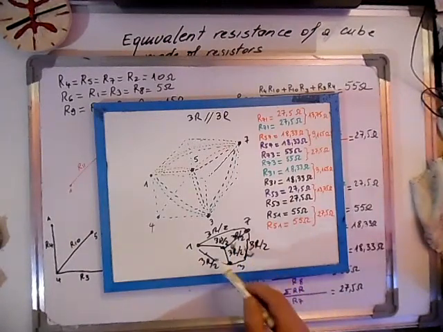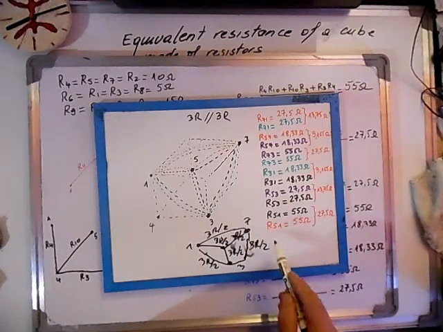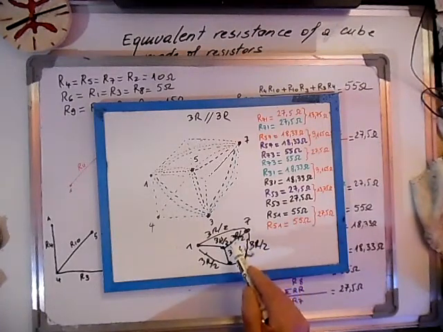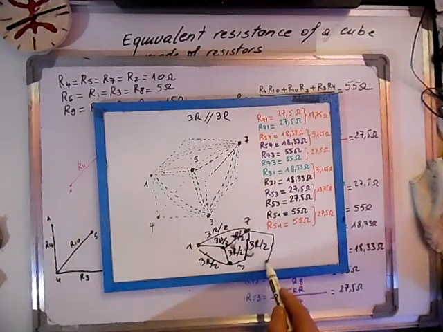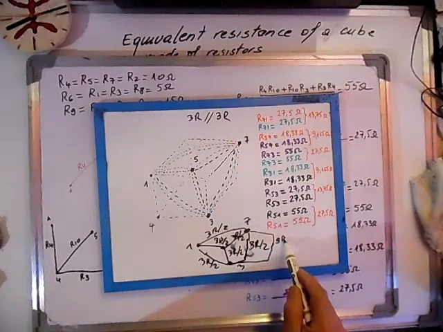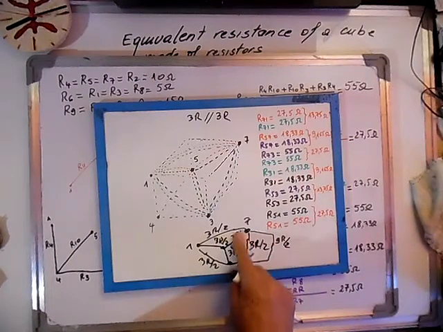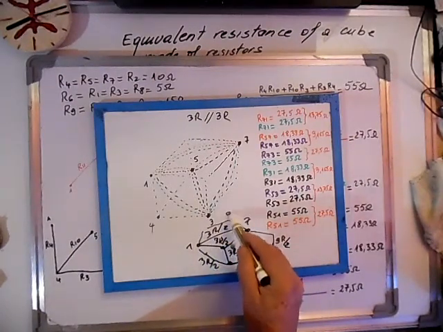So this we transform into a delta. It means that this will give a resistance here that is 3 times bigger, 9R over 2. So we take this one, and here as well, 9R over 2.